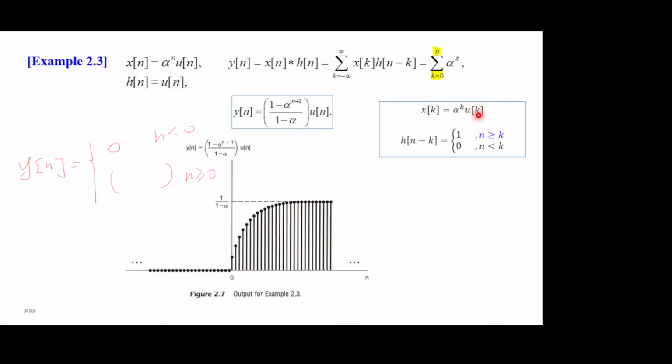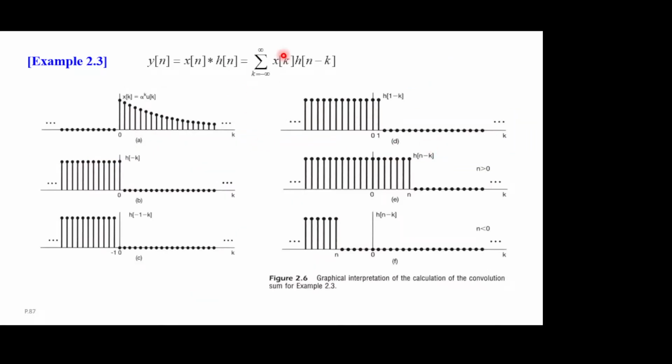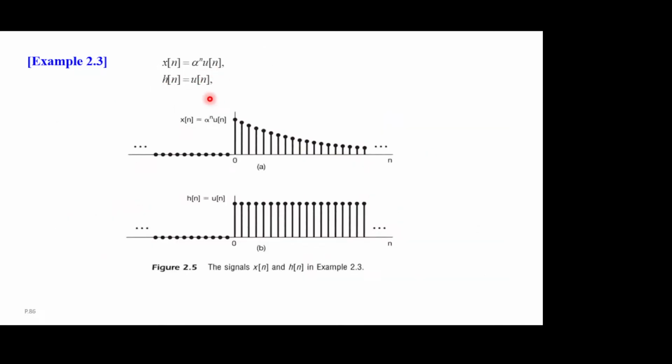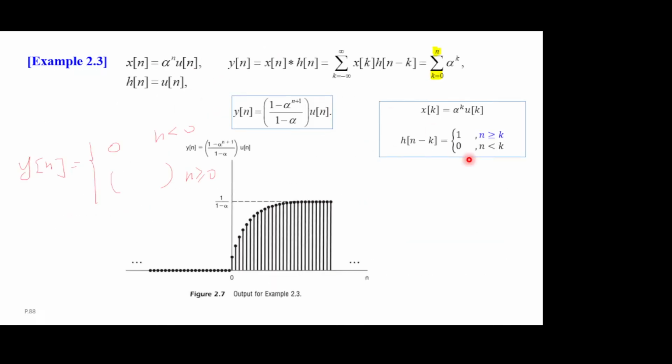This u of k here will cut your summation's lower bound to k equals 0, because for every k less than 0, this is just 0. Then you also have h of n minus k, which, because our h is actually u, is u of n minus k.